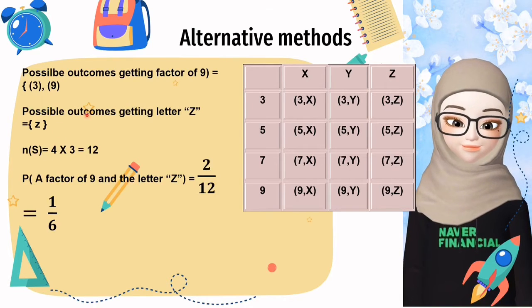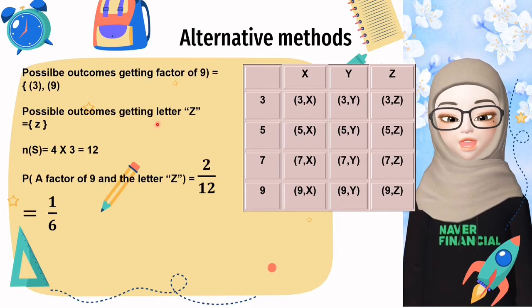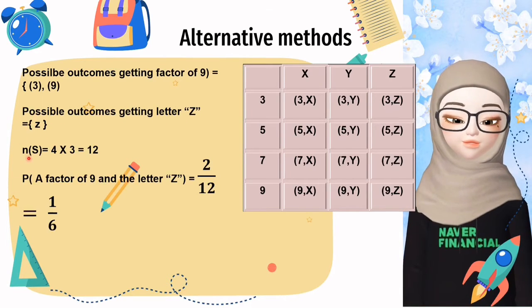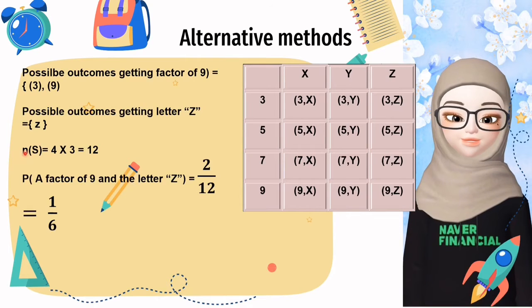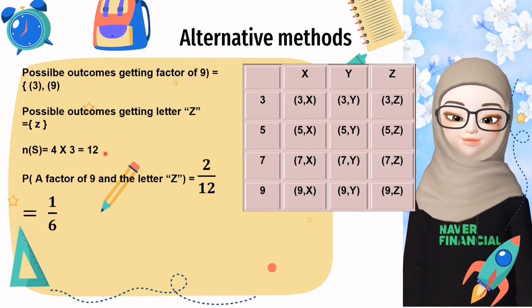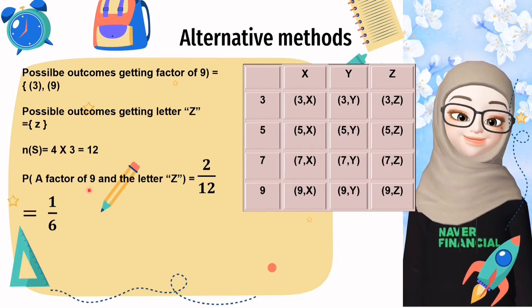And then list down all the possible outcomes of getting letter Z. We have Z. So the number in the sample space, 4 times 3, is 12. And the probability of getting a factor of 9 and the letter Z is 2 over 12. So when we simplify, it is 1 over 6.